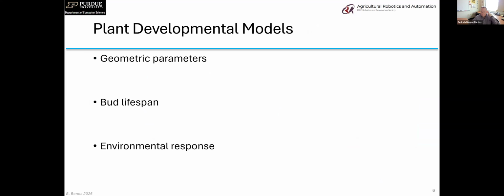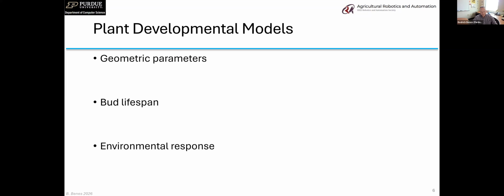Plant models, and I don't want to really dive deep into this. I am talking about 40 years of research. They have basically three important parameters that allow the modeling. One are geometric parameters, such as branching angle, width of leaf, length of internode, and so on. Now, plants grow, and they typically grow by bud development.